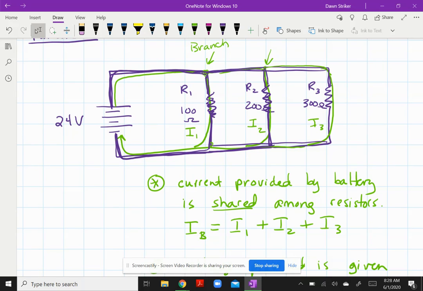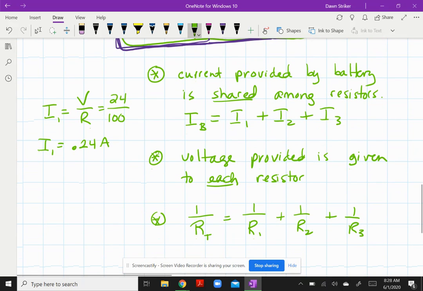All right. So how can I find these different current values? I1. Well, last week we said we use Ohm's law, V divided by R. And so the voltage is 24 and the resistance is 100. So that's going to be 0.24. So I1 is 0.24 amps. What about I2? The current through resistor 2.